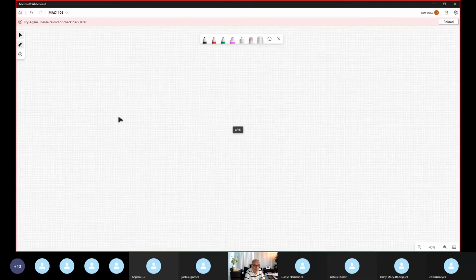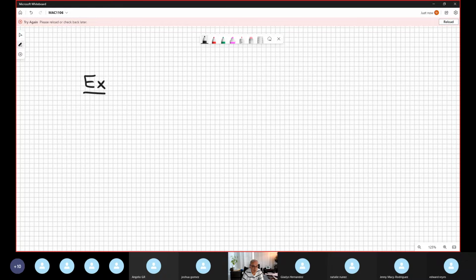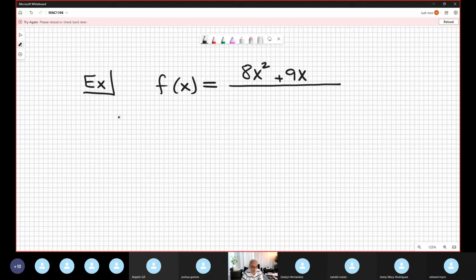This is an example, I don't remember, maybe example 6. Look, suppose the function is given, f of x equals 8x squared plus 9x minus 5 over 2x squared plus 1.